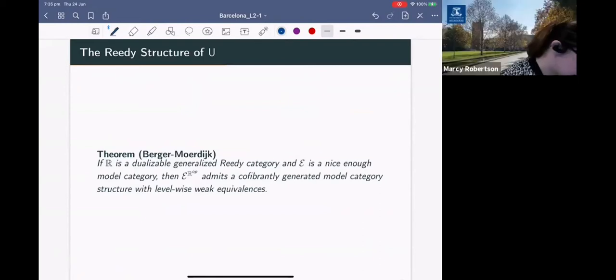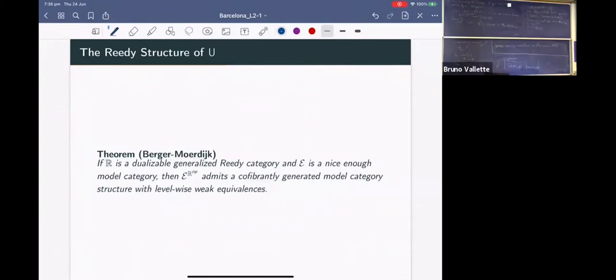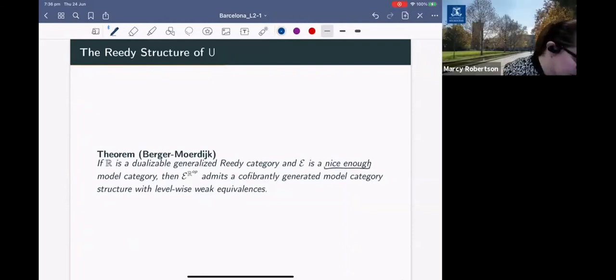The reason we want to know about Reedy structures is the theorem of Berger and Moerdijk: when you have a dualizable Reedy category, generalized Reedy category, and some nice ground model category, I didn't want to list a bunch of things, but all of our examples today will be nice enough, then the presheaf category admits a cofibrantly generated model structure with level-wise weak equivalences and Reedy fibrations and cofibrations.